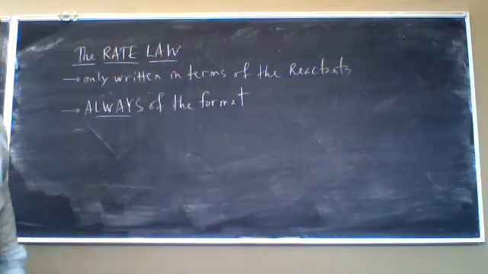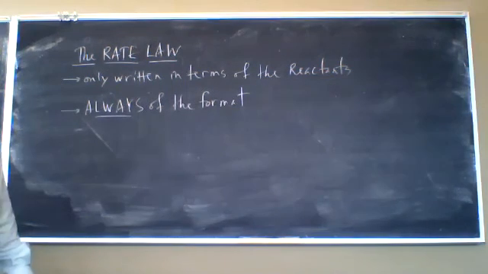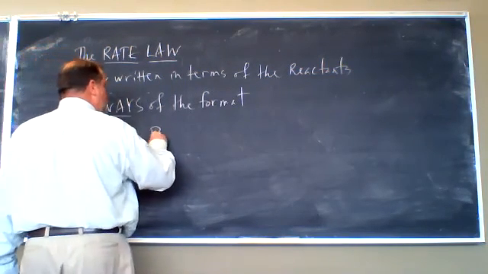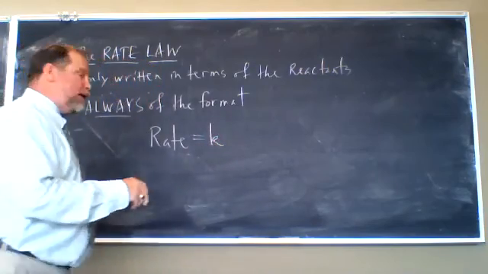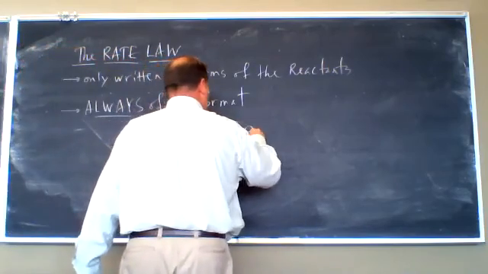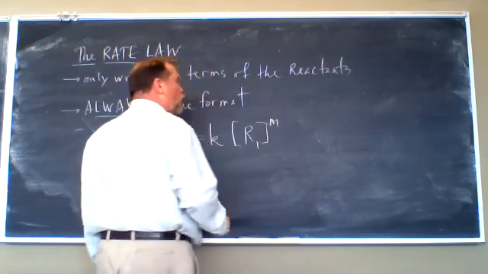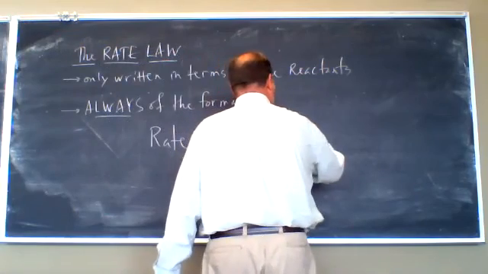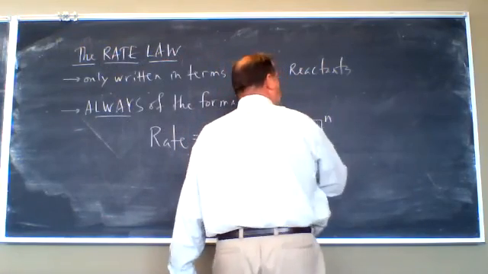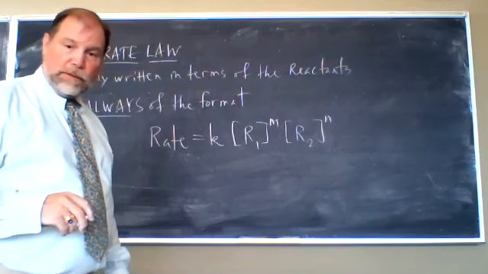We're also always going to use the same format. Rate is equal to k times the concentration of reactant 1 raised to the mth power times the concentration of reactant 2 raised to the nth power.